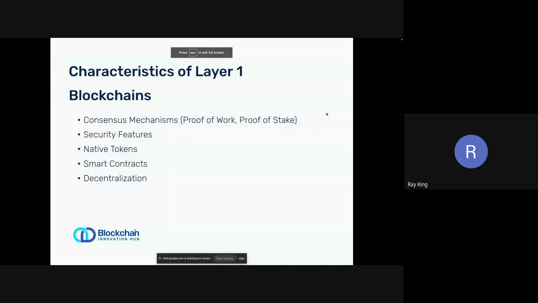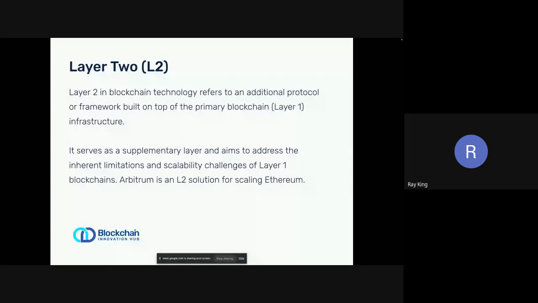we'll be taking a look at layer two, and the majority of this class is going to be based on layer two. As I've said before, layer one is the foundation. Every other layer is going to be built on top of layer one. Layer two in blockchain technology refers to an additional protocol or framework that is built on top of the primary blockchain infrastructure.